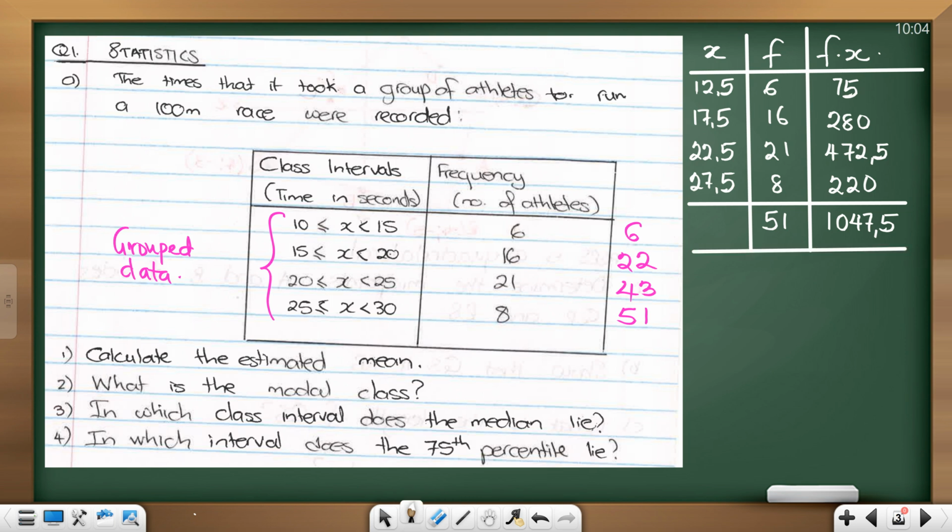All right. Now, what is our mean? Our mean, therefore, would be the total, 1047,5 divided by 51. What's your answer? 20 on the dot. 20, comma? Okay, guys, can you do that calculation again now? Both of you.